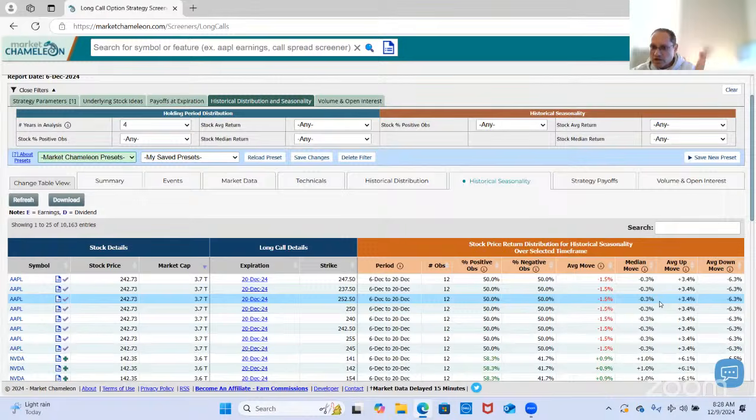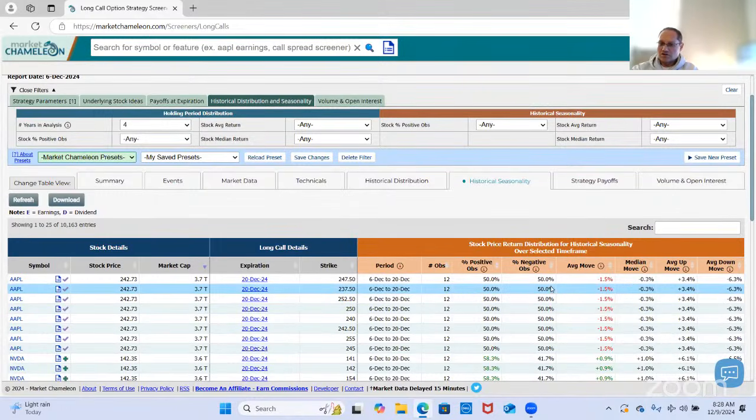Those look weaker, suggesting that there's a disparity in those two data sets. In that 10-day hold period in December, the stock didn't perform historically as well.